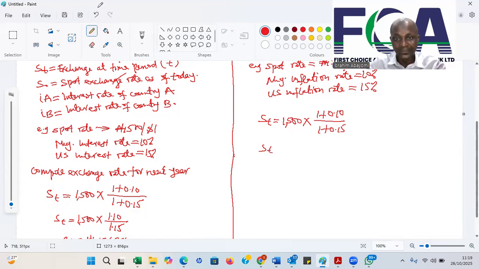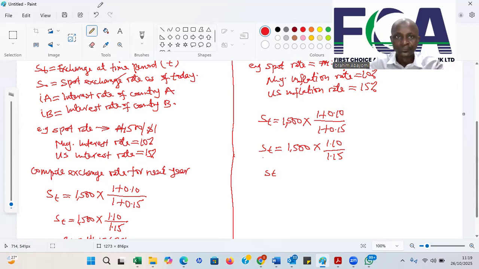So our ST, which is spot rate at time T, will be 1,500 multiplied by 1.10 over 1.15.